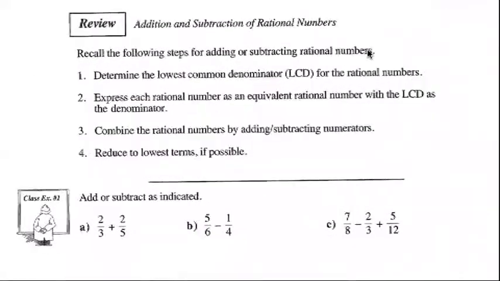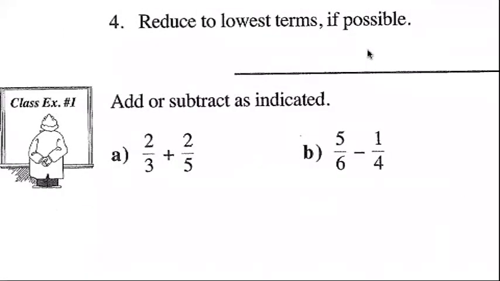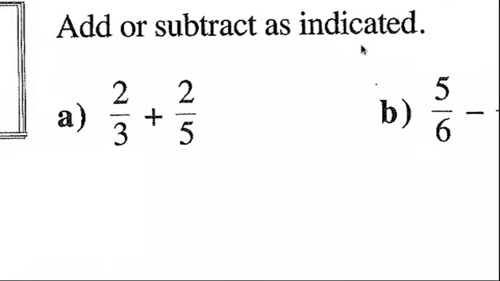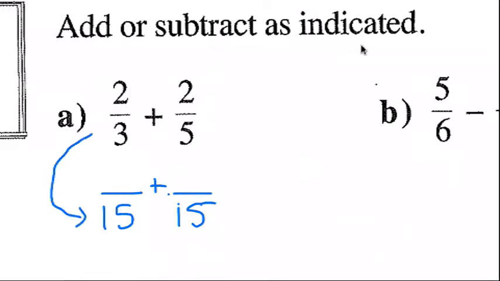So as a quick refresher, add or subtract is indicated. 2 over 3 plus 2 over 5. These are not common denominators, so I need to determine what my common denominator is. My common denominator is 15, so I need to make equivalent fractions for both of these on 15. I think to myself, well, what do I need to multiply 3 by to get to 15?